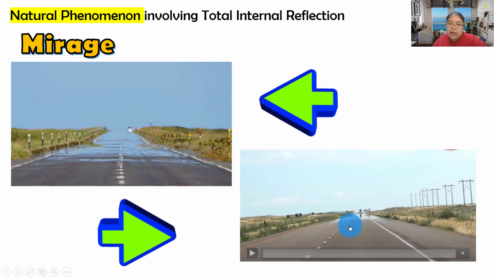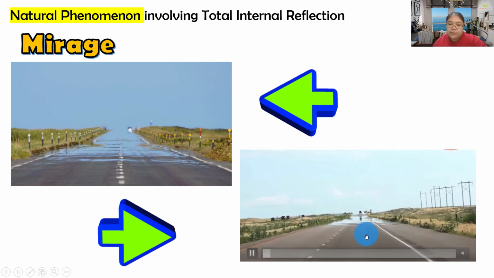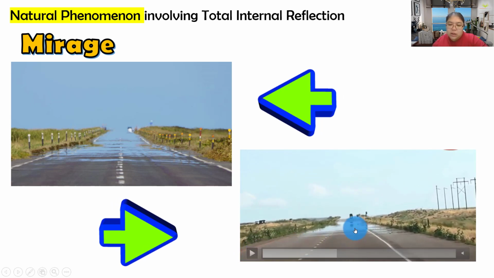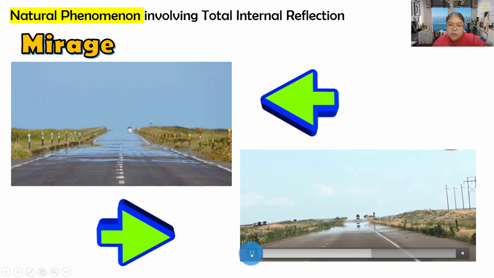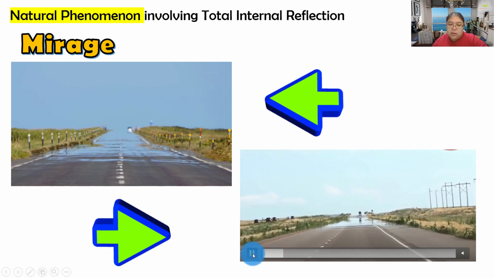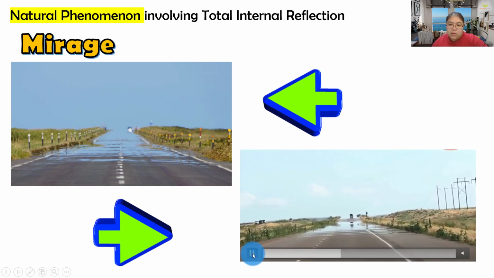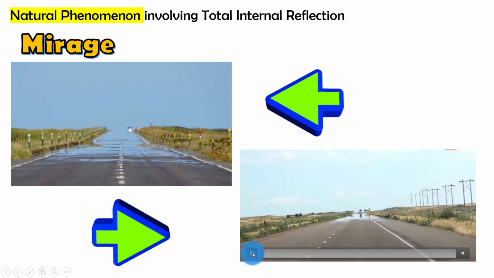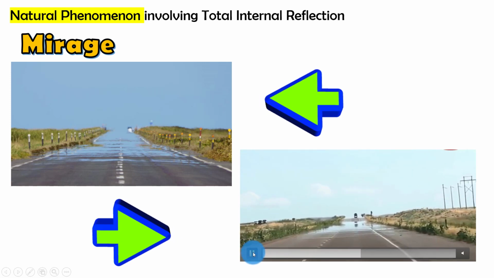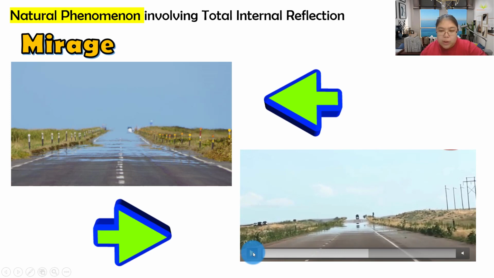So let's see the example in this diagram. Can you see? When you get closer, the shadow disappears.